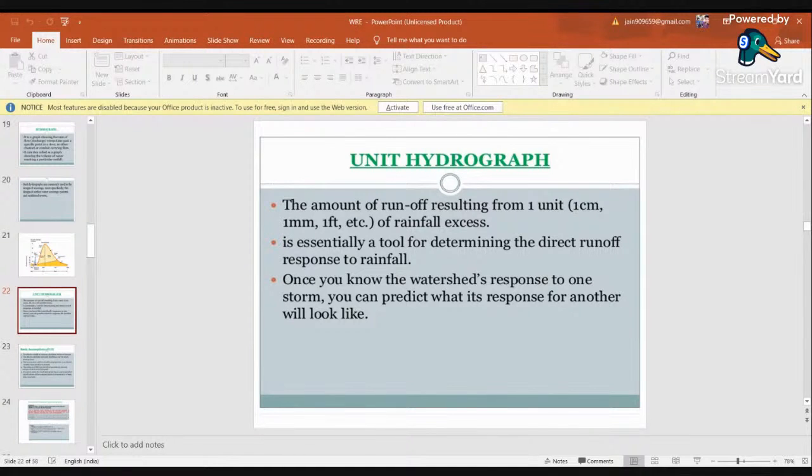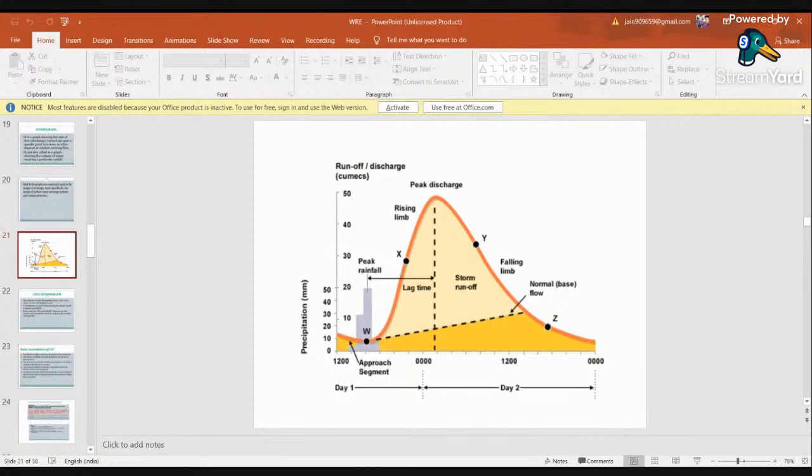Okay, so when we are talking about the unit hydrograph, it represents a graph for the unit quantity of discharge for that particular watershed or catchment.